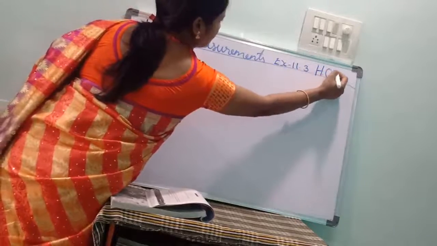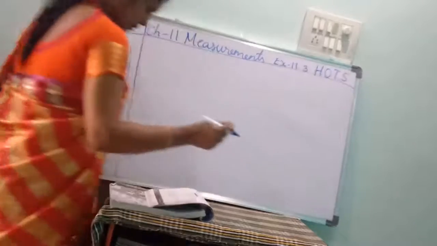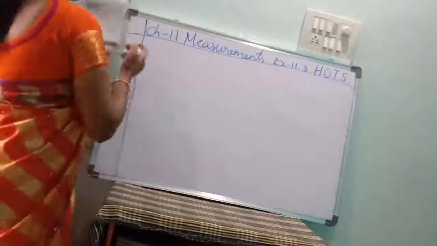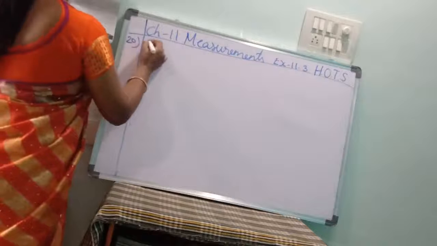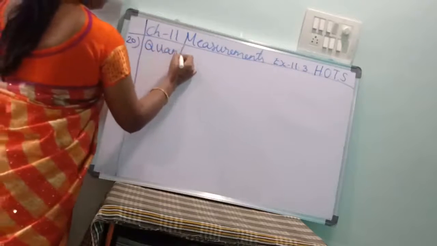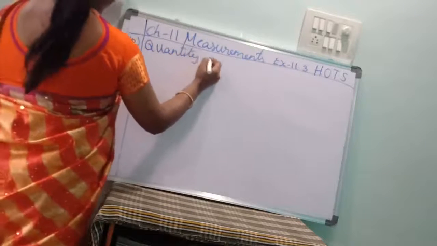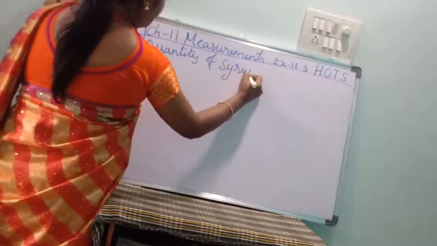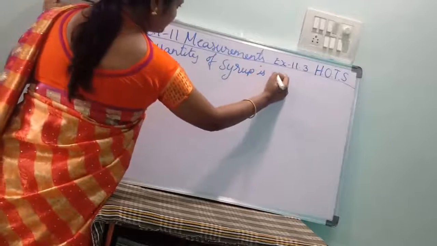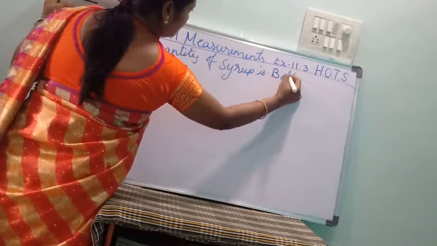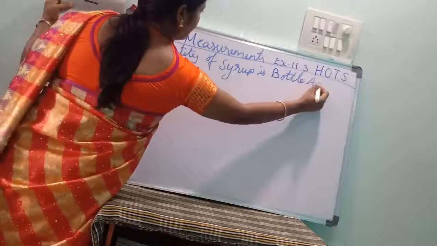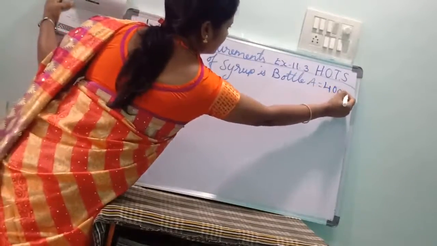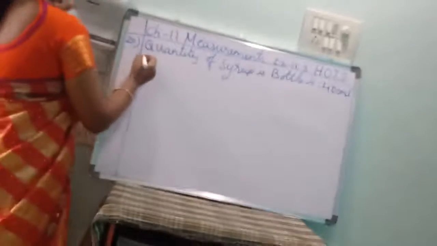HOTS today. Okay. The 20th one, did that? Check once. Is it right or wrong? Check it. Quantity of syrup in bottle A, how much? 400 ml.